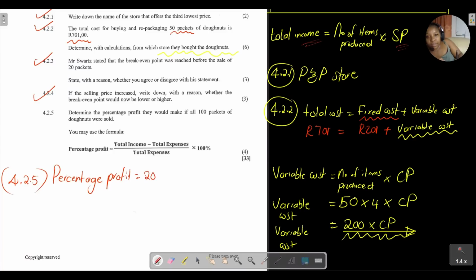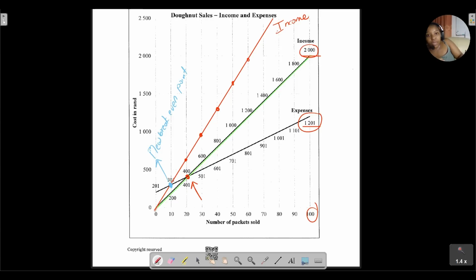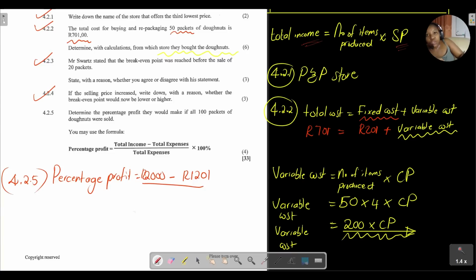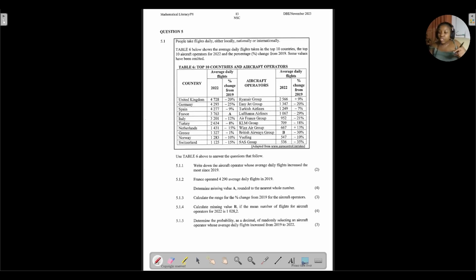So it's 2,000 Rand minus the expenses, 1,201, divided by total expenses, 1,201, multiplied by 100. If you punch this into your calculator, you'll get that the profit is 66.53%. And that's that for question number 4.2.